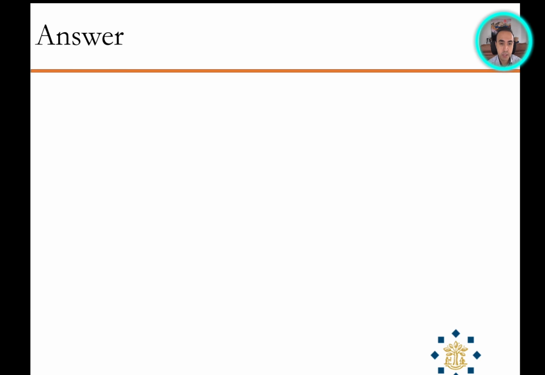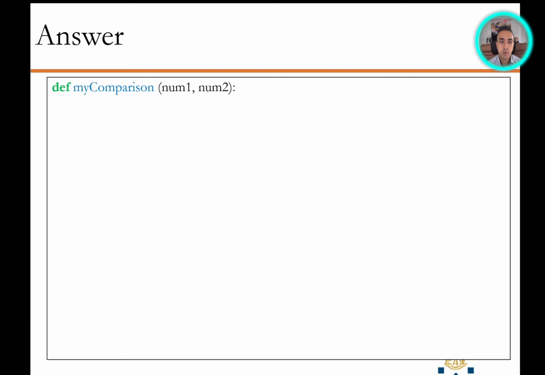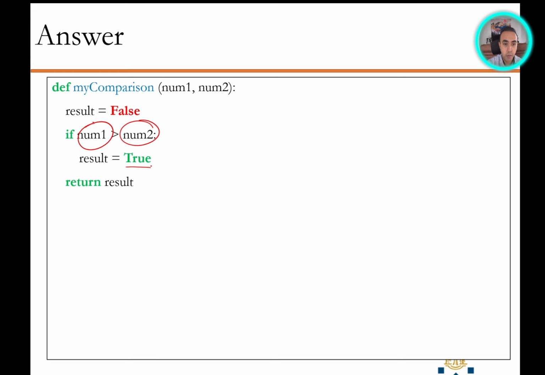Okay, so let's see the answer. So we have my_comparison. We start with the result false. If the first one is greater than the second one, the result will be true. Otherwise, it was false anyway. So if this is false, we skip this part and then we return false because we started off with the definition false, right?